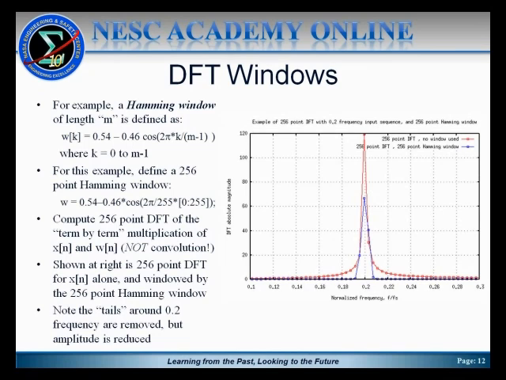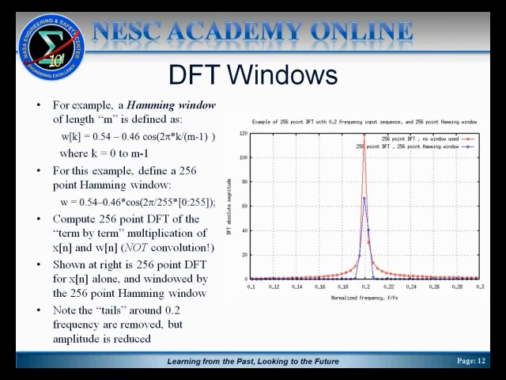So for this example, using the same input sequence we used for the previous slide, we'll define a 256 point Hamming window, and shown is the equation you use with Octave or MATLAB or some package like that to create the actual window.